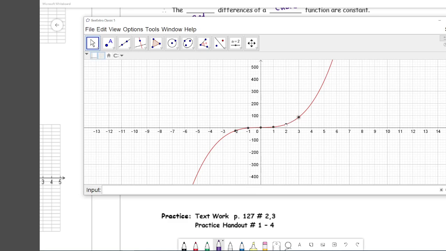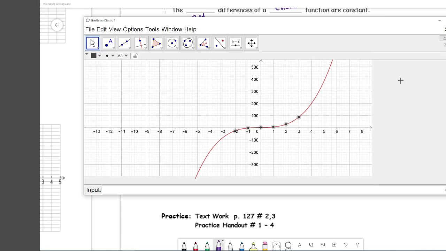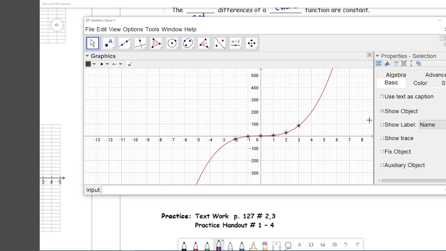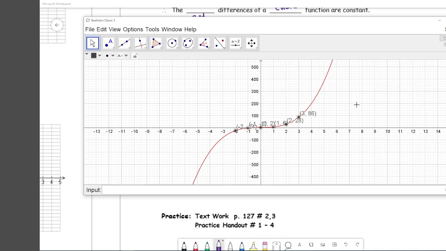Okay, so let's take all these values and we'll get them to show. So here we've got a table. Let's just copy it down as a table first.